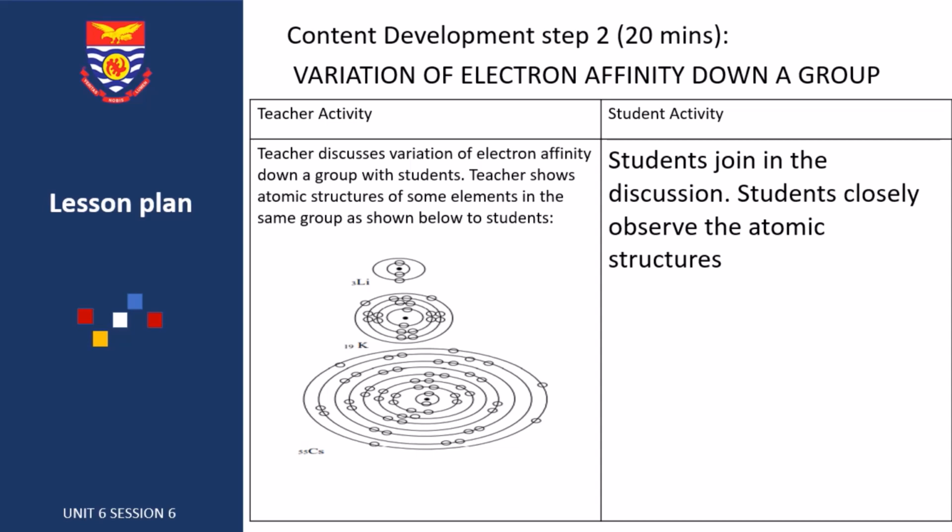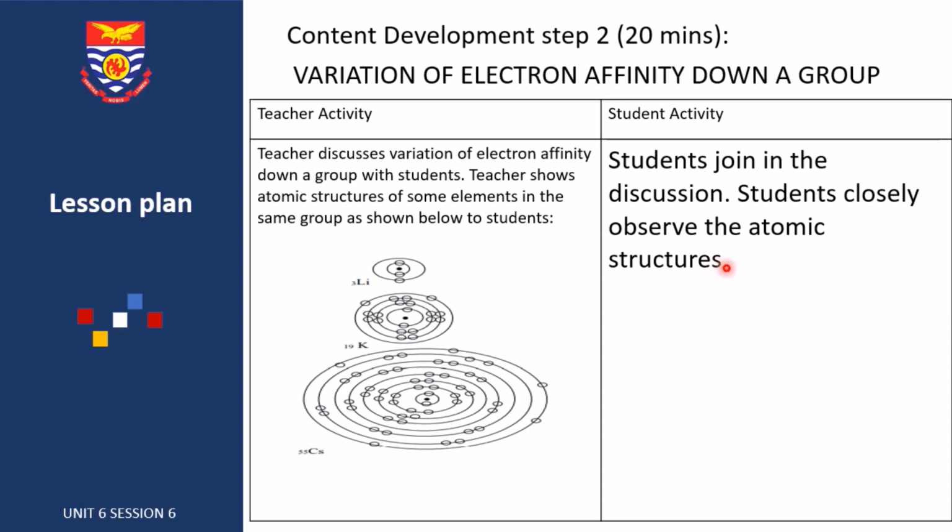Alright, so we continue with the teacher activity and the student activity. Teacher discusses variation of electron affinity down a group with students. Then, teacher shows atomic structures of some elements in the same group as shown below to students.